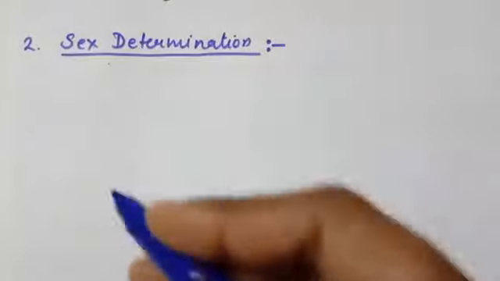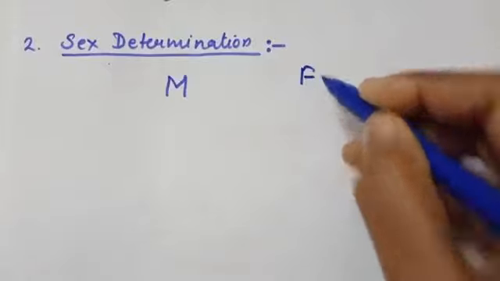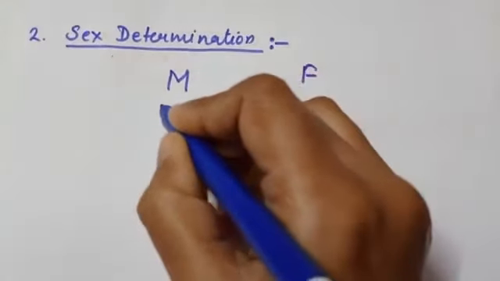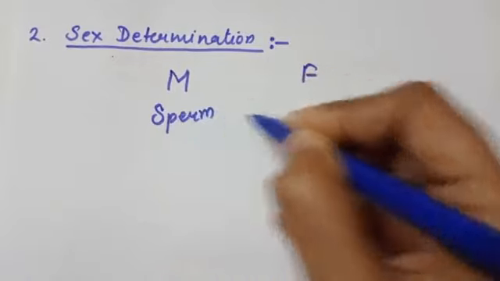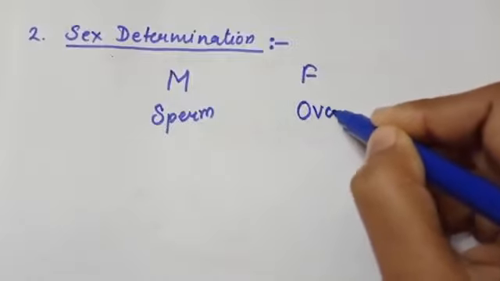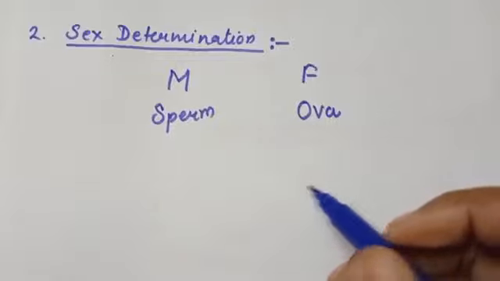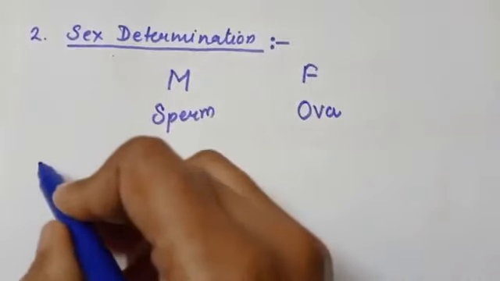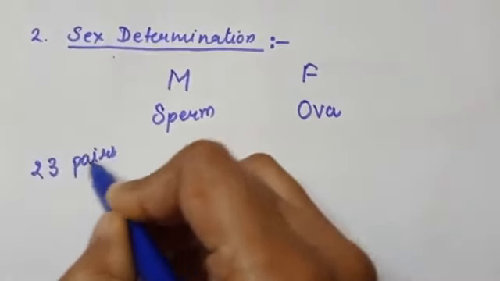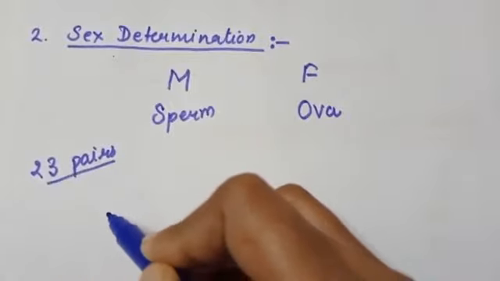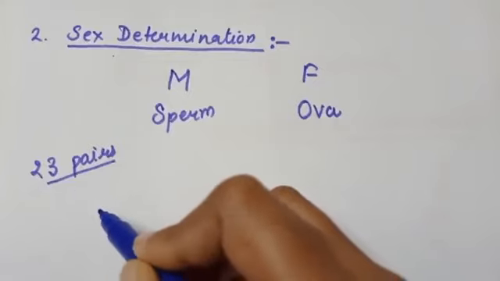So we know that in males and females, the male sex gamete will be the sperm, and the female gamete will be an ovum or an egg. Humans have 23 pairs of chromosomes, so we have 46 chromosomes in total.